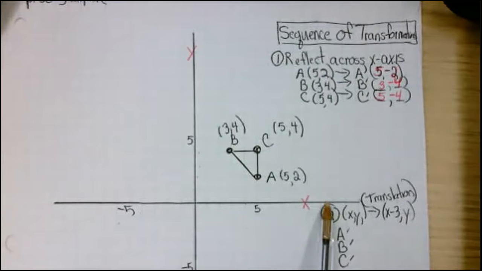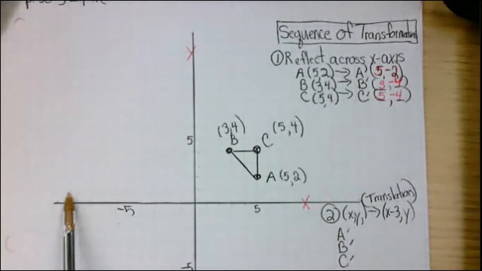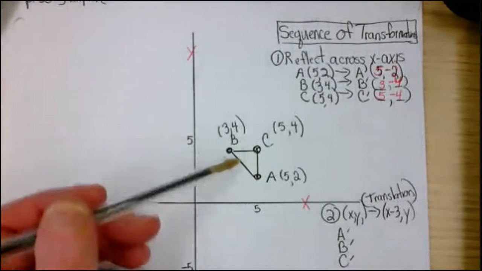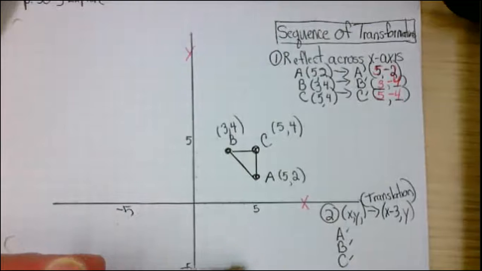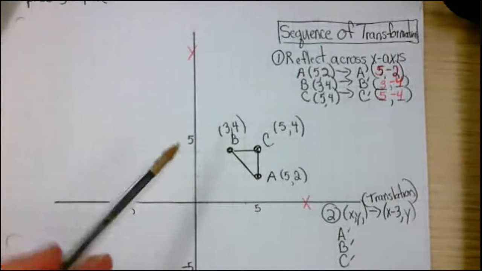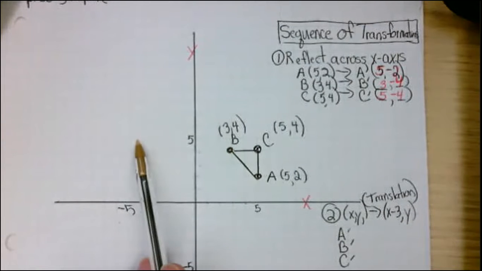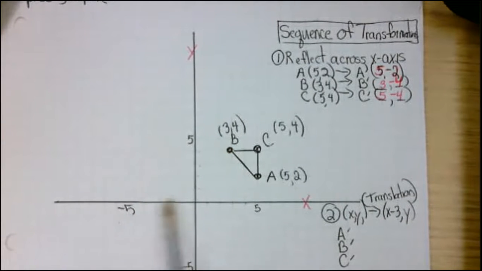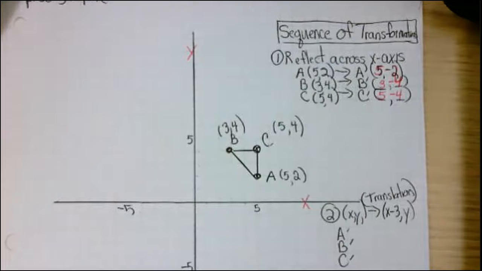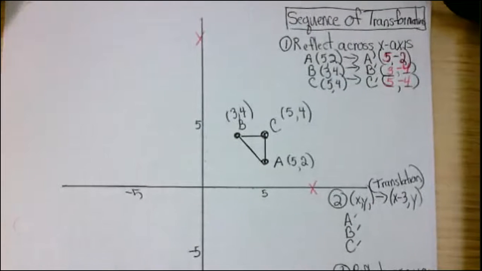Whenever you reflect across the x-axis, y changes signs. That would make sense because it's going from the top to the bottom. If you reflect across the y-axis, x is going to change signs. It's going to be from this quadrant over to this quadrant. These are the negative values for x. Okay, hopefully that makes some sense to you.